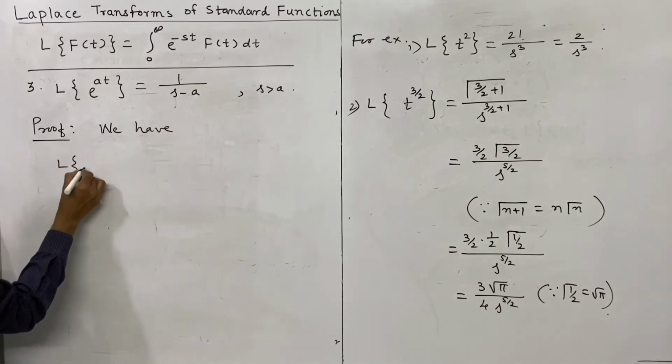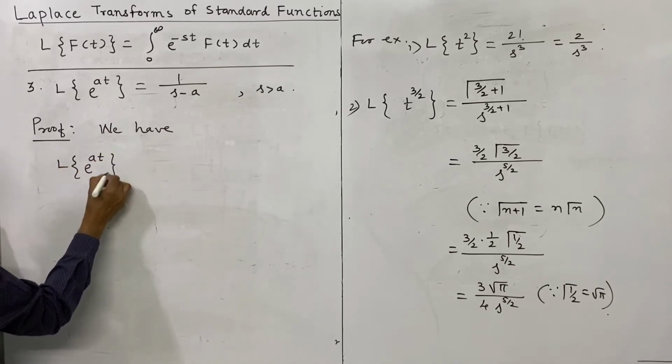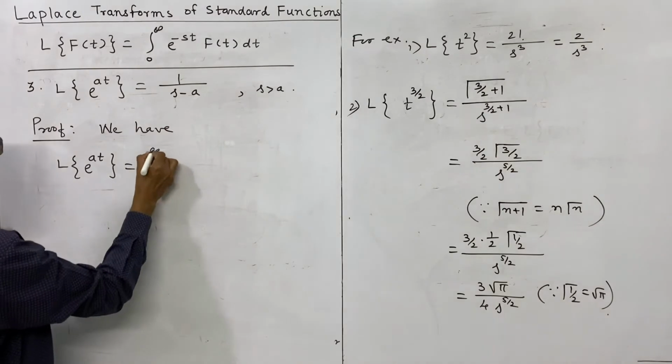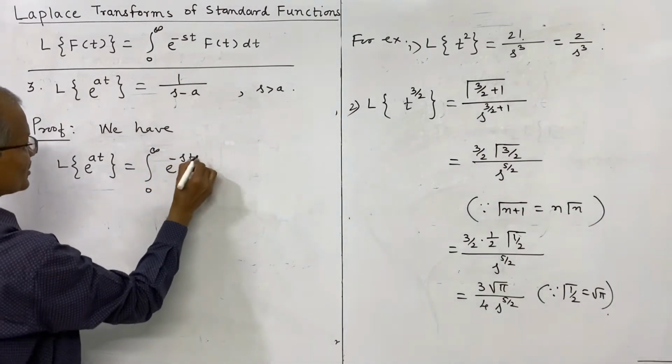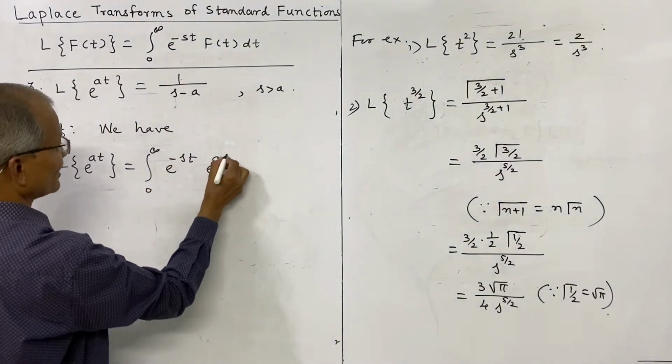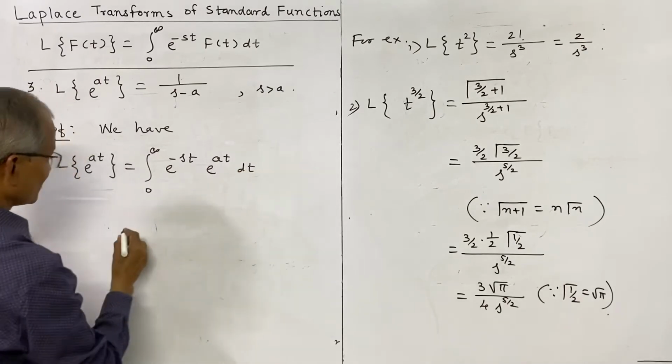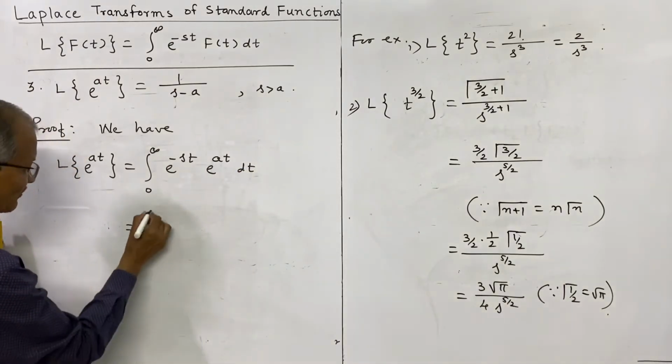Laplace transform of e power at is equal to the integral 0 to infinity e power minus st into e power at dt, or this is equal to the integral 0 to infinity.